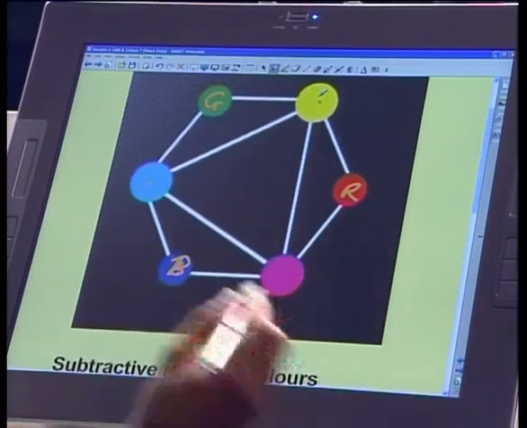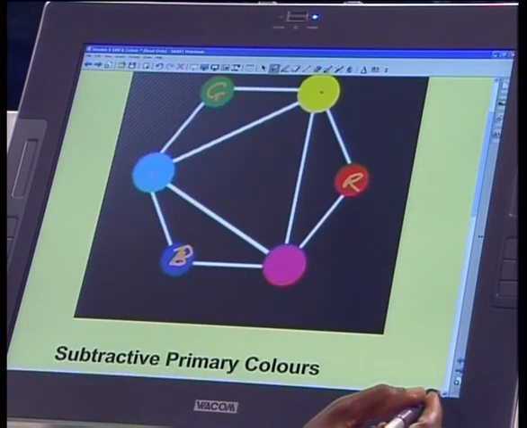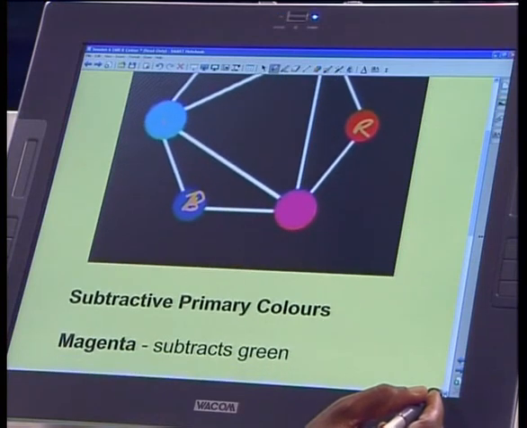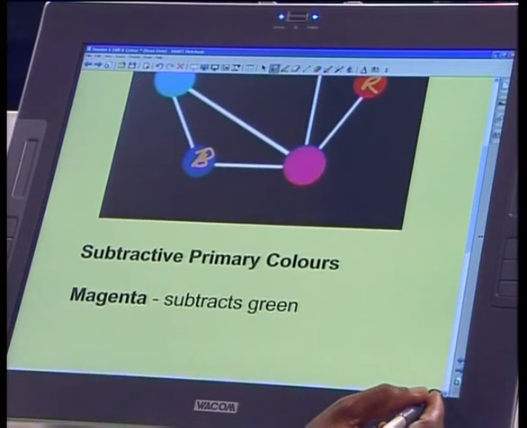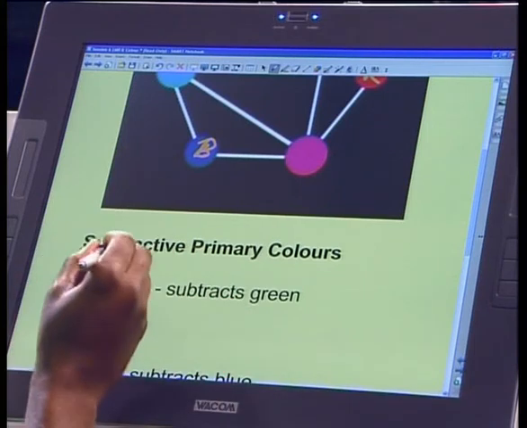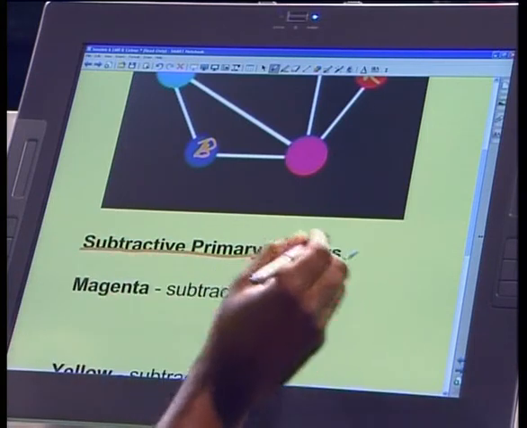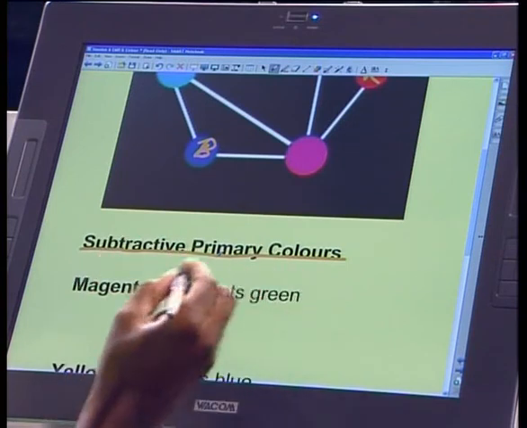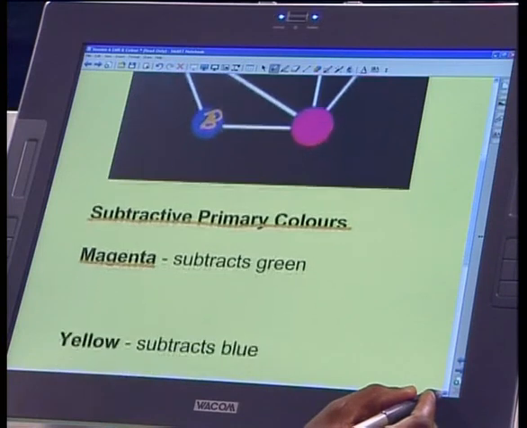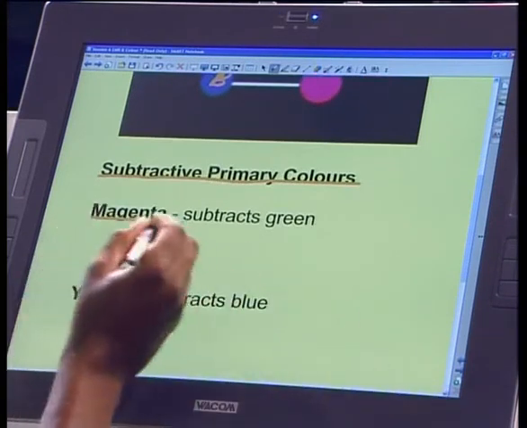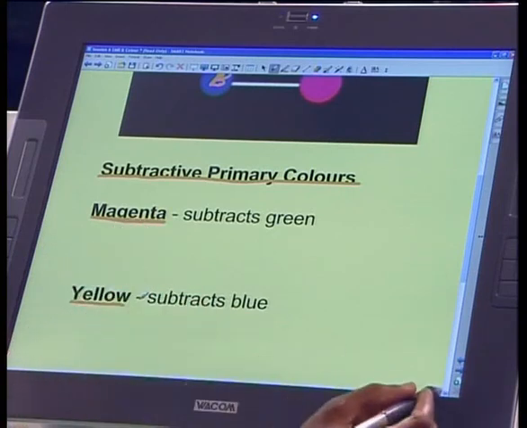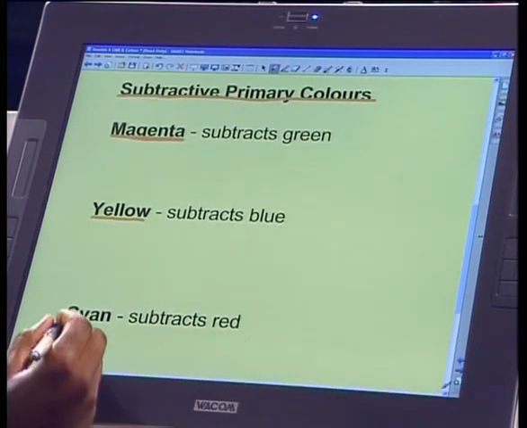But then with pigments, that changes. What we know as primary colors for light are not primary colors for pigments. Okay? We call them subtractive primary colors for pigments. And these primary colors are actually what we knew as secondary colors for white light. So these are primary colors for our pigments. We've got magenta, yellow, and then we've got cyan.